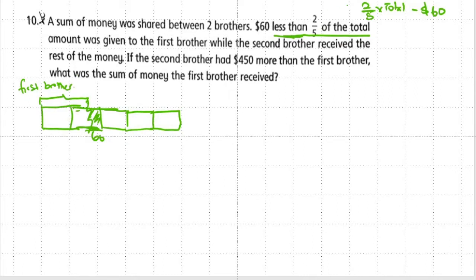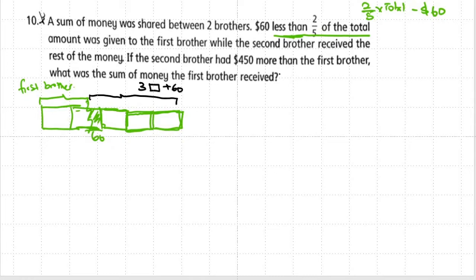And then the second brother received the rest of the money. Be very careful, because we thought the rest of the money is actually here, which is this 3 box. Actually, the rest of the money is not only this 3 box. The rest of the money is actually from here to here, which is the 3 box plus $60.